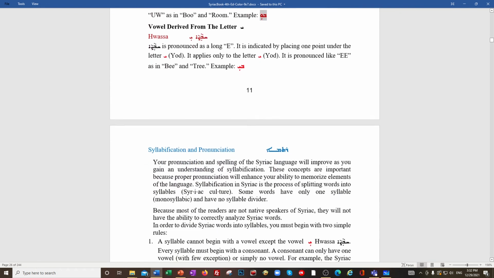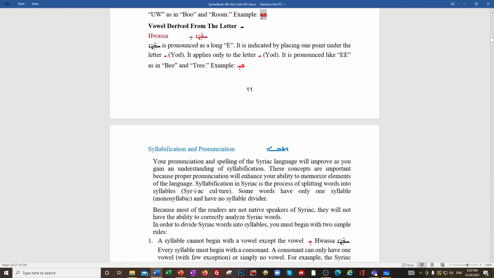The last vowel is derived from the letter yoth. Yoth is y. By placing a single dot underneath it, it is a hwasa. Again, single dot, not two dots. When you see this one, it's not a letter, it's a vowel. Even though it's the letter yoth and a dot underneath it, that makes this letter a vowel.